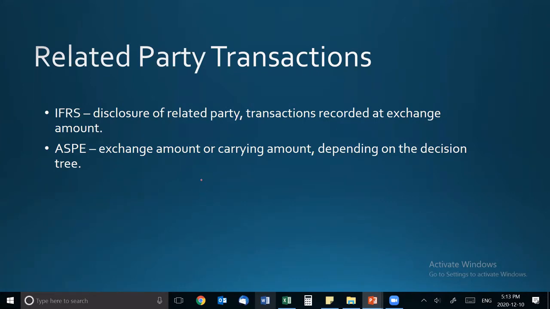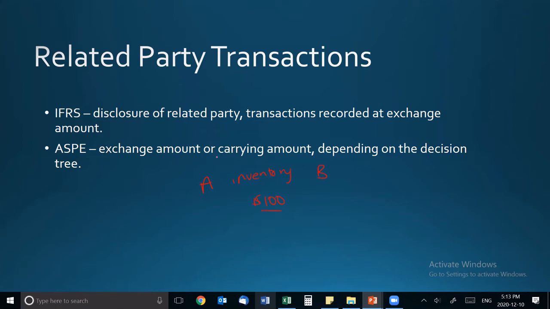So, for example, let's say company A sold inventory, so they sold a product to company B, and they said, okay, we're going to sell it to you for $100. So company A sells inventory to company B, they're related, for $100. Under IFRS, we will use the $100 as the amount to record. Under ASPE, it's going to depend.